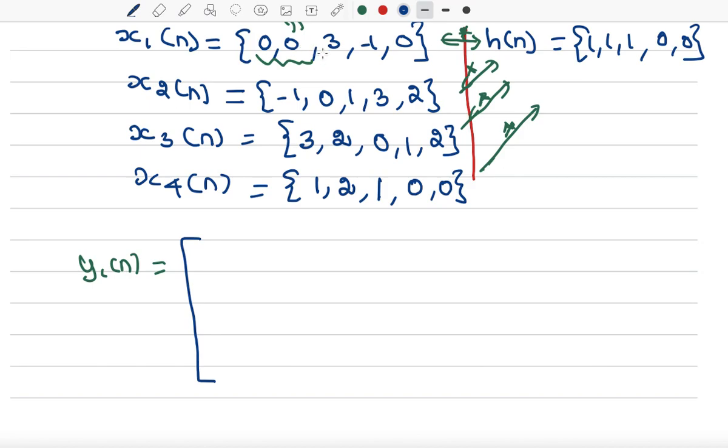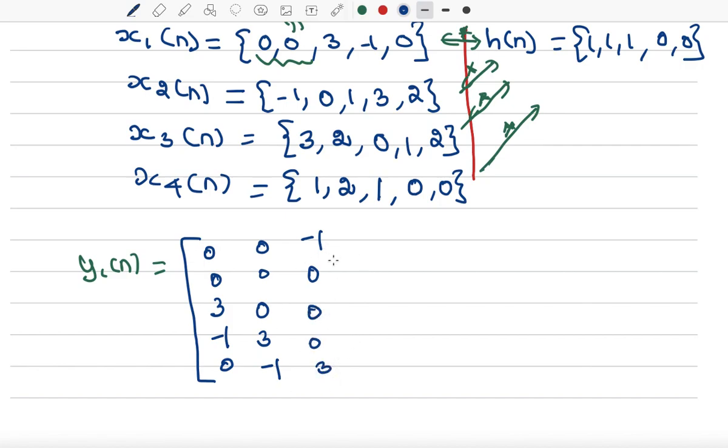So the first matrix convolution we are performing. The first matrix, we have 0 0 3 minus 1 0. Okay, then one shift here: 0 0 0 3 minus 1. Again shifting once, minus 1 0 0 0 3.